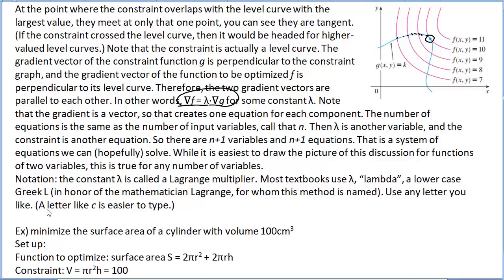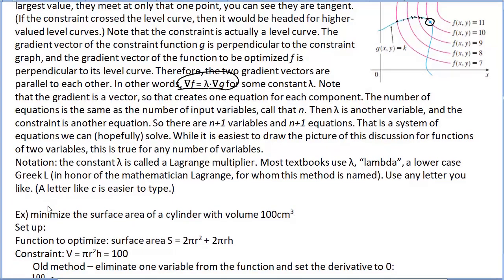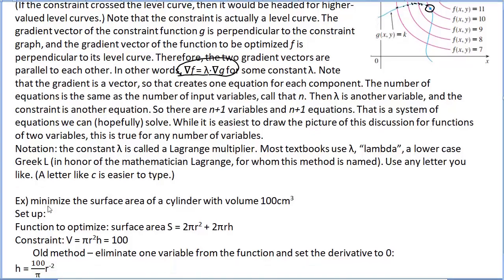Before I introduce how we solve this problem using the Lagrange multiplier technique, I just want to look back for a second at the technique you could have used in single variable calculus to solve this. You may even have solved a problem very similar to this. So, the old method: eliminate one variable, so we get a single variable function.